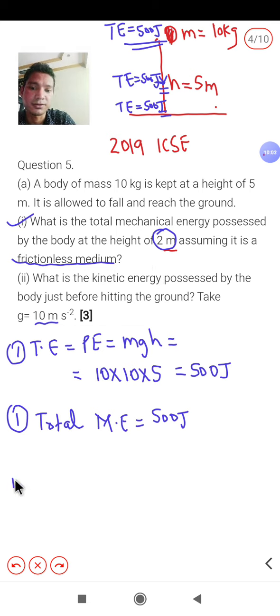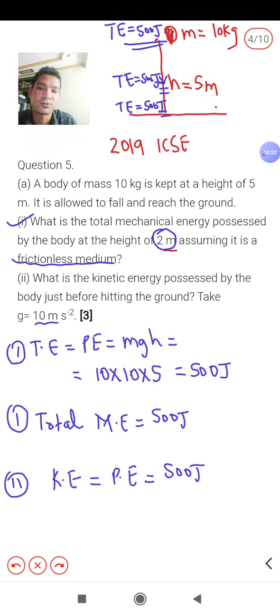Now second part, kinetic energy possessed by the body just before hitting the ground. Check this one. Total potential energy at the top, that is 500 joule, will get converted into kinetic energy at the bottom according to the law of conservation of energy. So kinetic energy at the bottom will be equal to potential energy at the top, and that was nothing but the 500 joule.